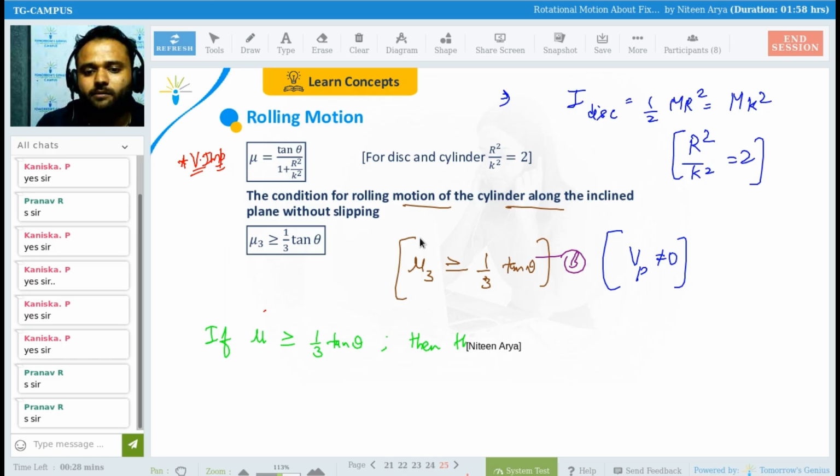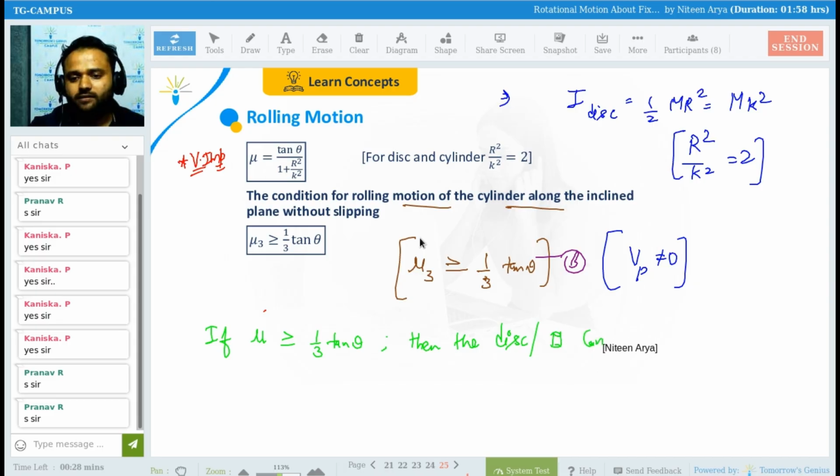Then the body starts sliding or slipping. Instead of body, I can write disc, because we are talking about disc or cylinder. So the disc or cylinder can start sliding instead of rolling. Is this clear, everyone?